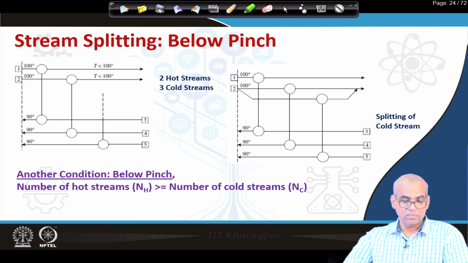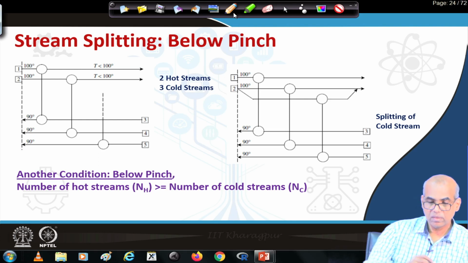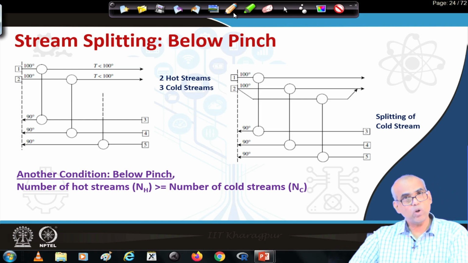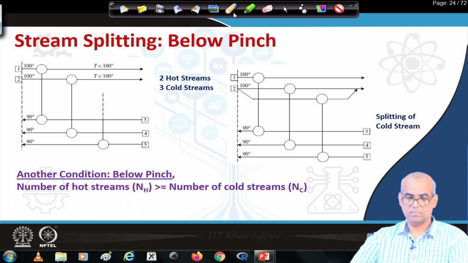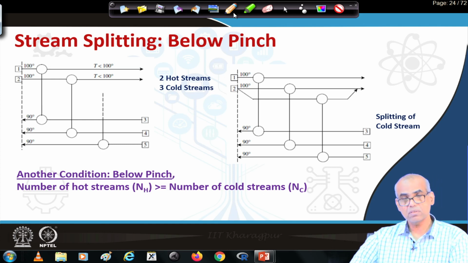Similarly, below the pinch, you are not allowed to use hot utility, you are allowed only to use cold utility. So, all the cold streams must be heated up by hot streams only.